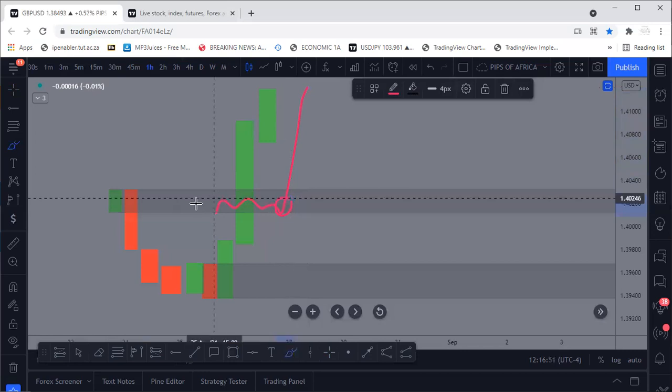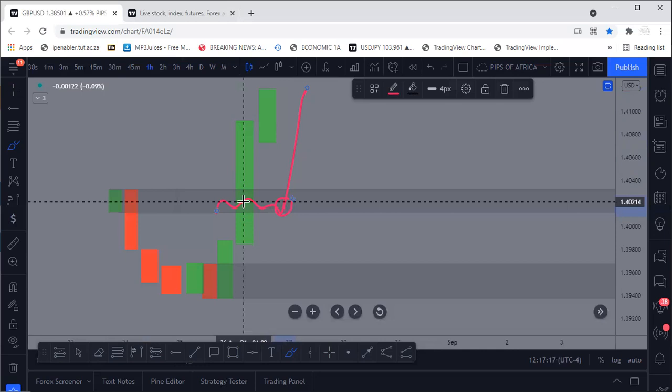This one is a reaccumulation because it is created inside a supply zone. If a reaccumulation is created inside the supply zone, it means that supply zone is going to be broken. The price will not sell from that supply zone. It will rather buy inside the supply zone.